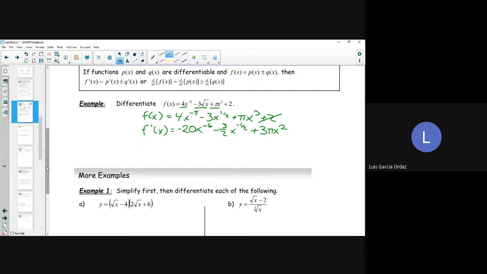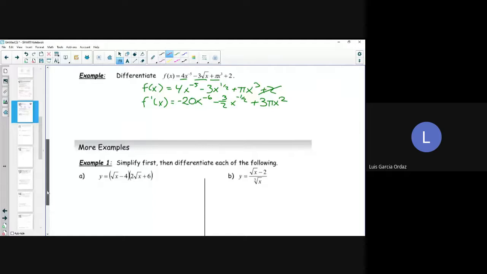Is anyone doing that right now? Yeah, no, you guys are just gonna hate it because it's literally gonna take 20 seconds to figure it out.